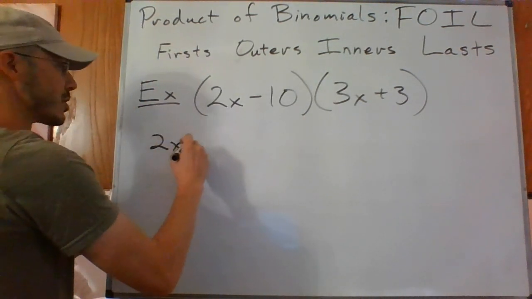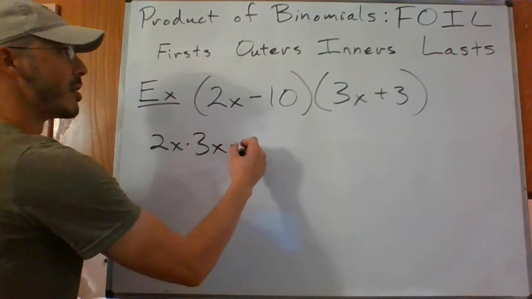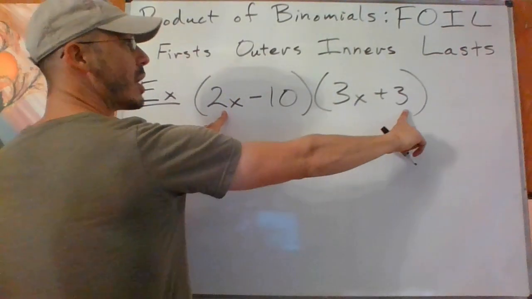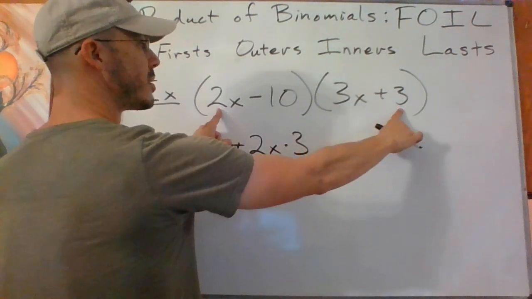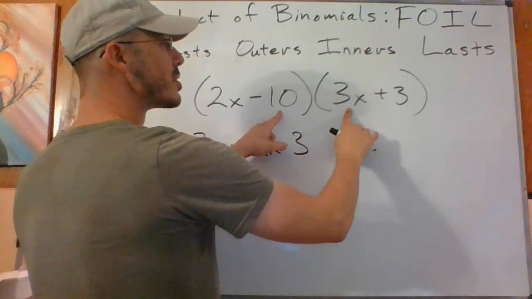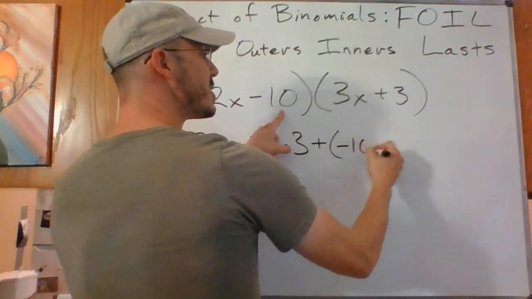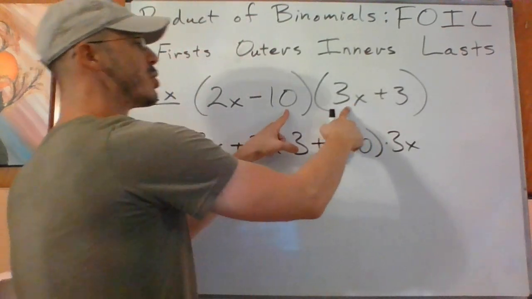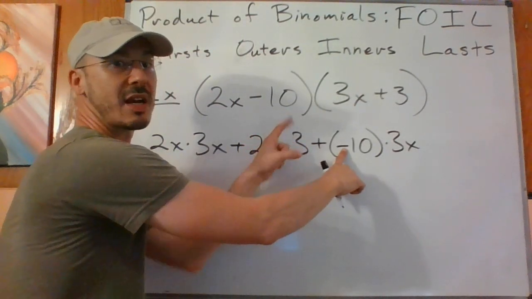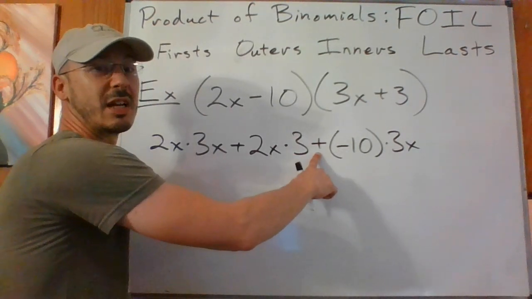The firsts are 2x times 3x. The outers are 2x and 3, so 2x times 3. The inners are negative 10 times 3x. You could just put this negative sign as a minus right here. It saves a little bit of writing.